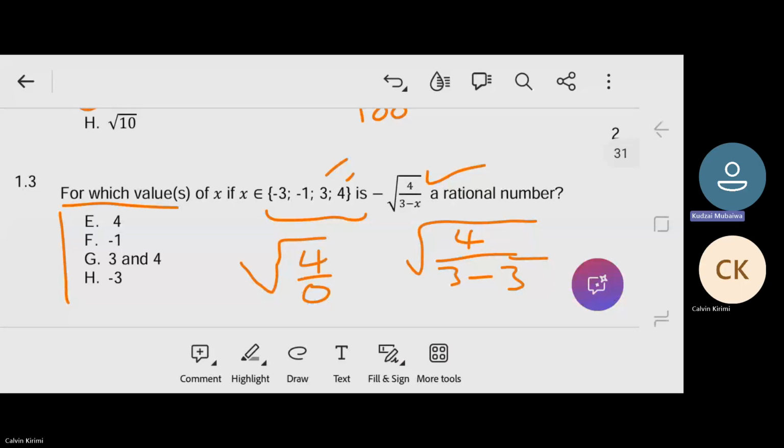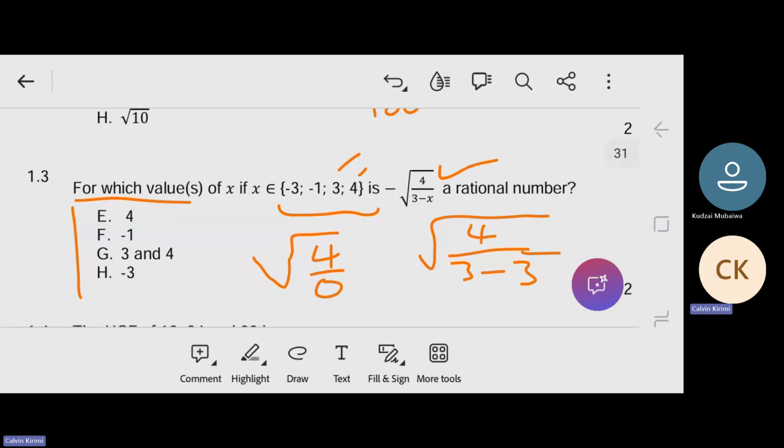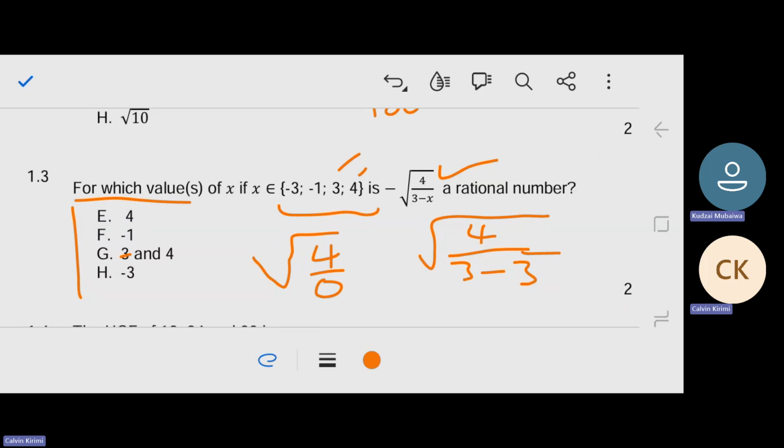It's undefined. So that's why 3 cannot work for this one. Let's go to 4. Where there's 3, you are going to put 4.